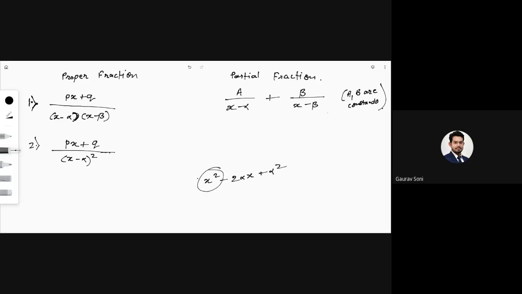So degree of denominator is 2, so yes, it is a proper fraction. If you have the same thing repeated, if there is a square, then I have to write it down as a upon x minus alpha plus b upon x minus alpha square.